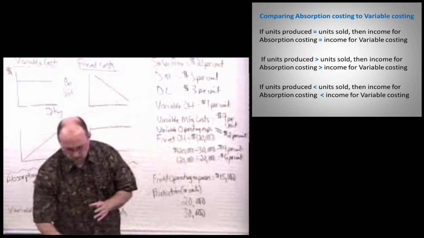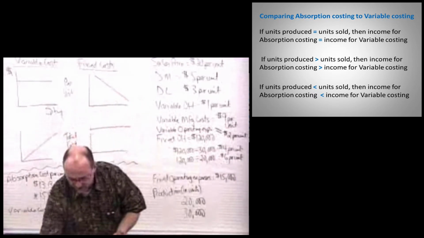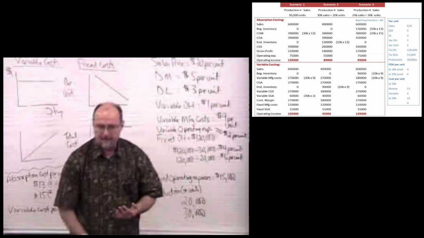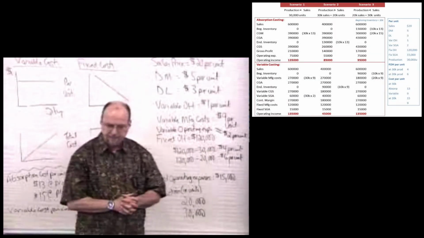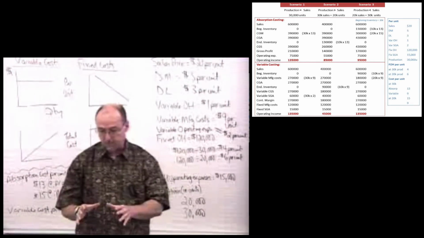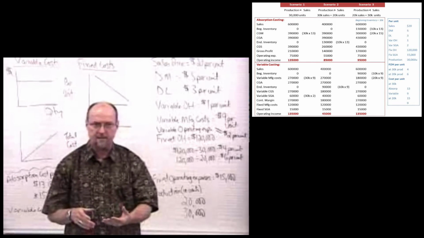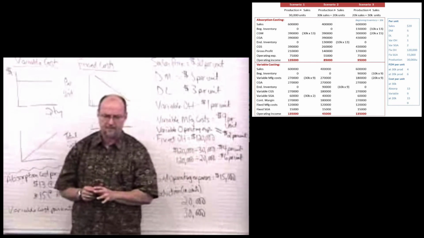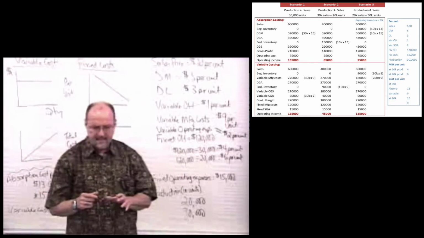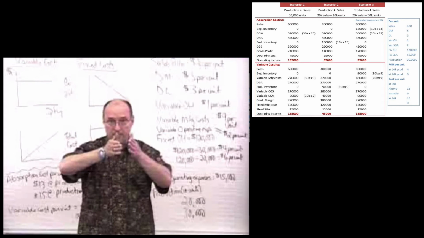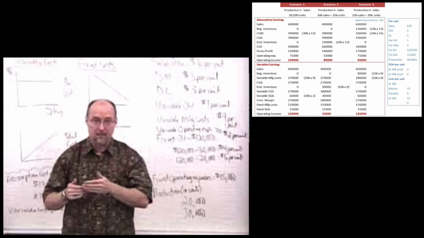Now, I don't know if this last slide I'm going to show you right now might look like microscopic data, but all I've done is, this is a spreadsheet, and hopefully you can print this thing and maybe enlarge it. But even if you can't, all I've done on this slide is I've taken on the top absorption costing, and I have 3 columns for the 3 different scenarios.